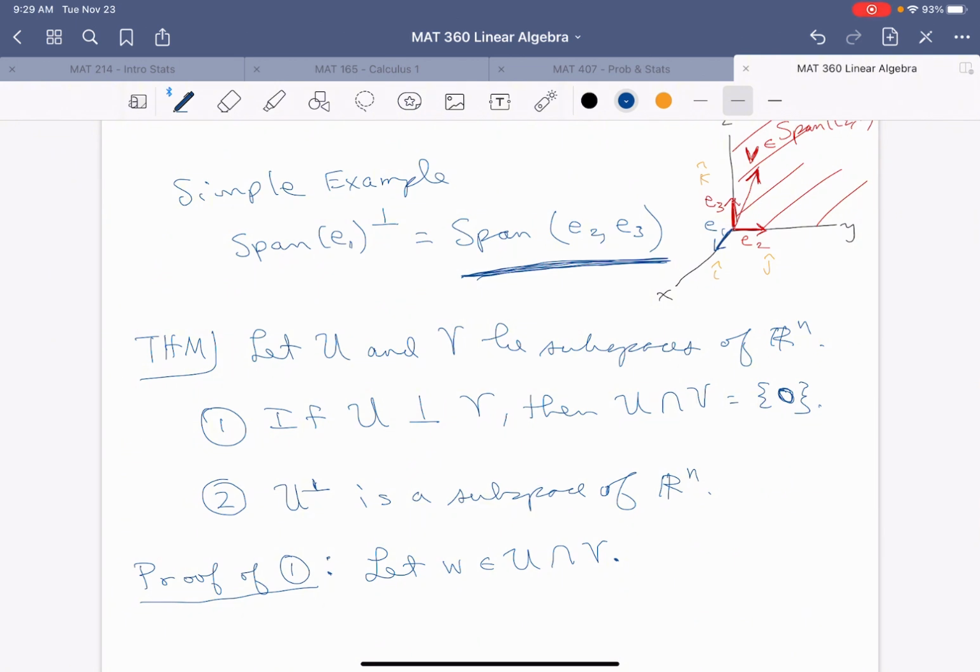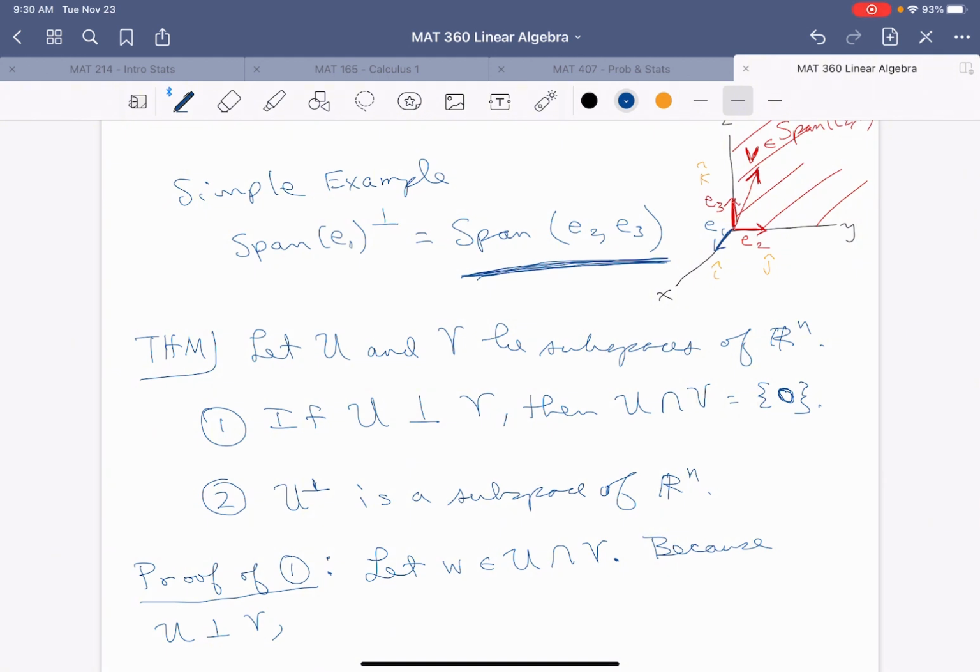Because U and V are orthogonal, or perpendicular if you want to say it that way, every vector in U has a dot product with any vector in V that must give us 0.